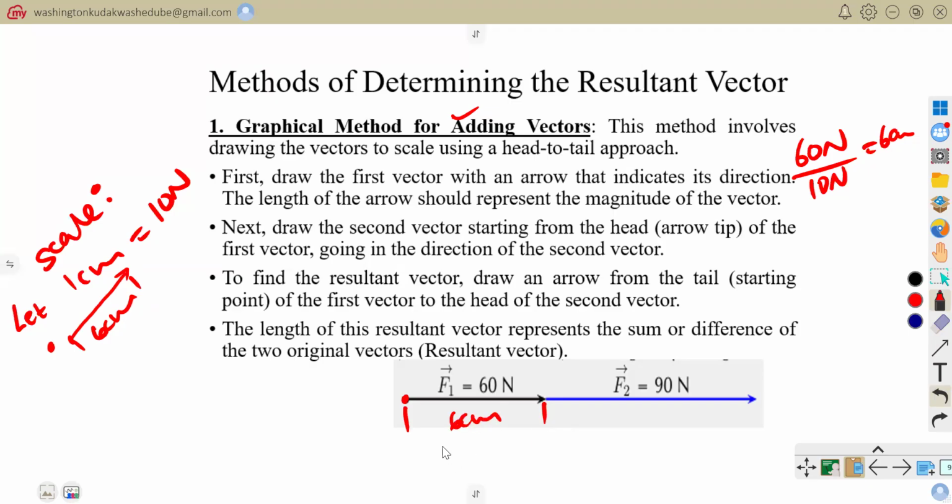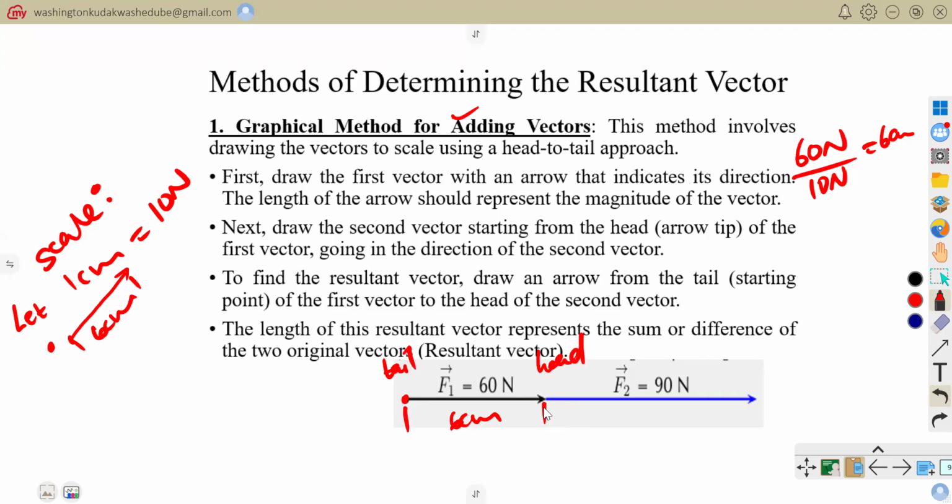Then for another vector of 90 newtons, the next step is to draw the second vector starting from the head, or arrow tip, of the first vector. This is our tail and this is our head.